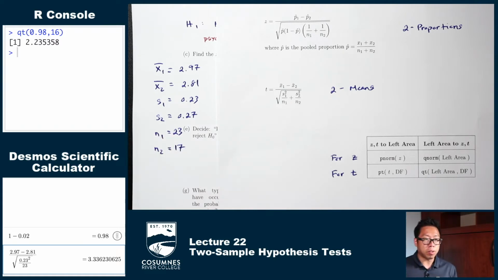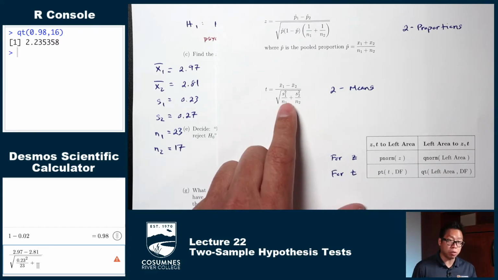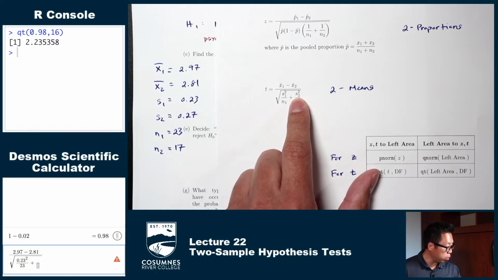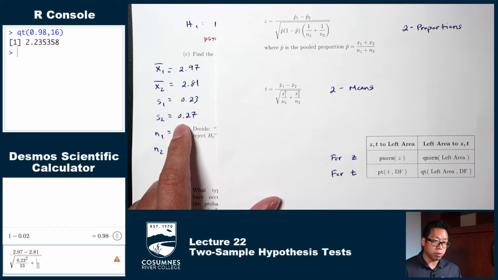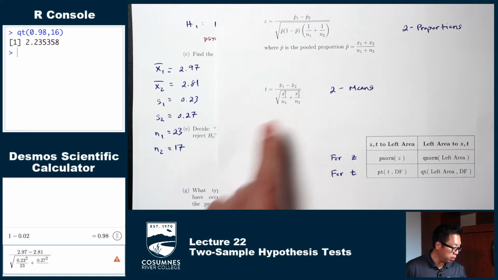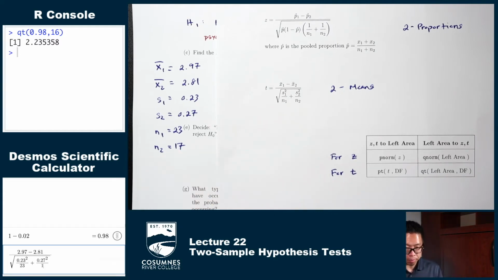Move the cursor just to the right of the fraction, don't put a space, plus another fraction. Make sure that everything is inside the square root, so don't put any spaces when you enter this. Second fraction, s2 squared. s2 is 0.27 squared over n2. n2 is 17.